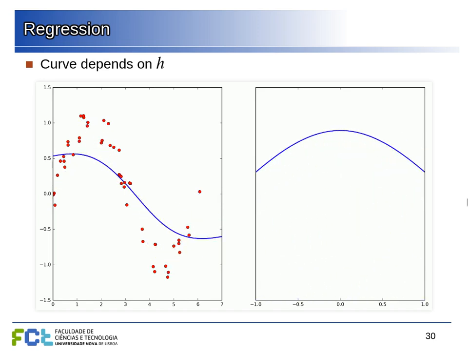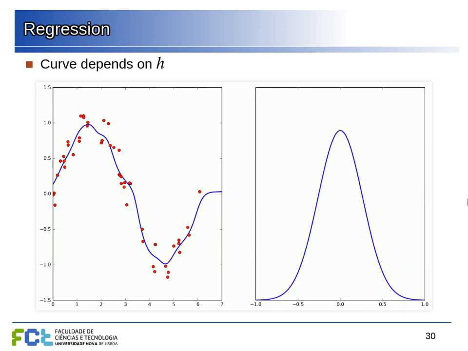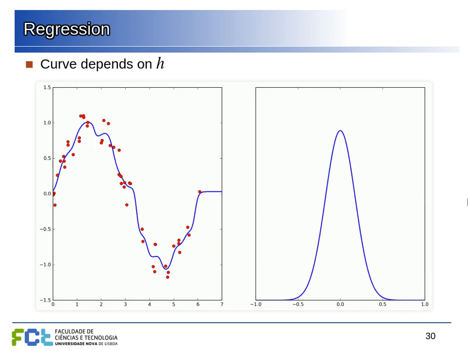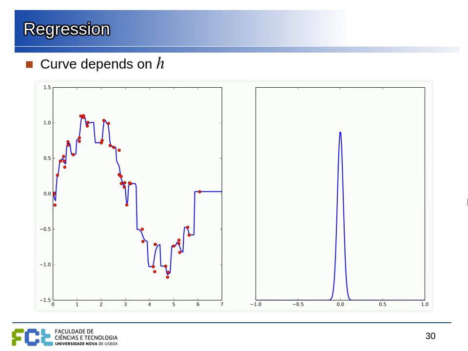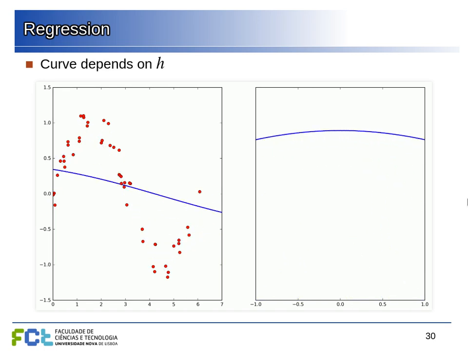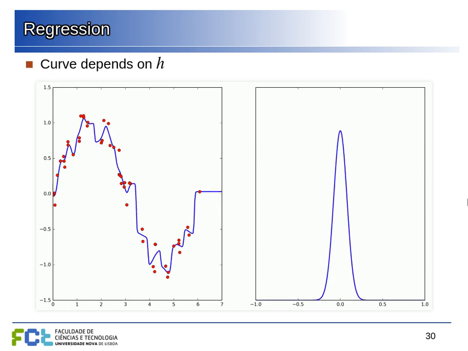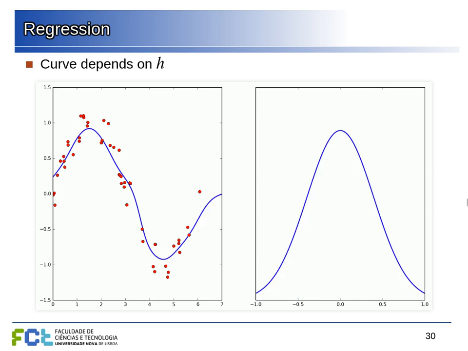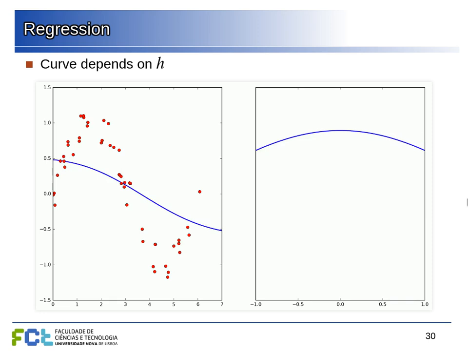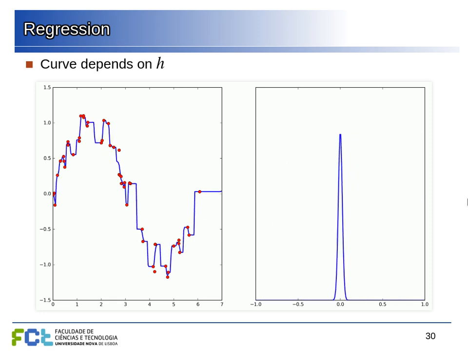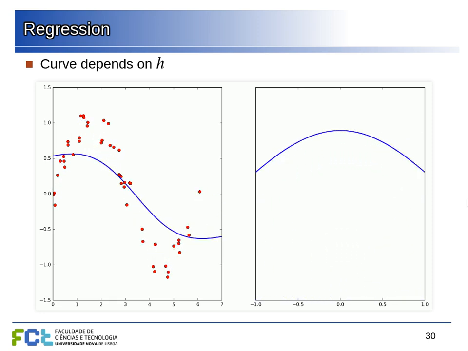So if we do that and we effectively narrow the kernel, we get a curve that follows the points much closer. On the other hand, if we use a large h and we consider all those distances as if they were smaller, then this effectively is working as if the Gaussian kernel was wider, and we are giving more weight to points that are more distant to the ones that we are predicting.